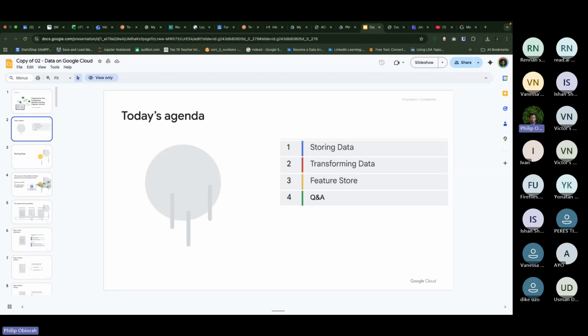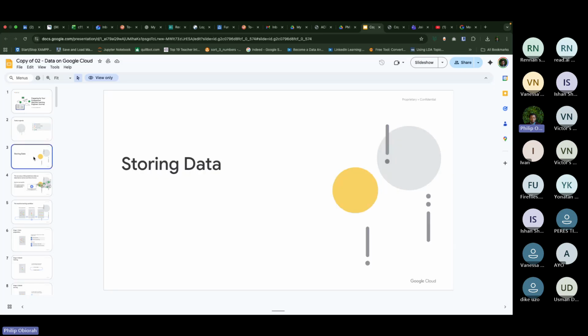So why is this topic important? Why is storing data important? If the location where you store data is very poor, it could lead to high latency or high costs.